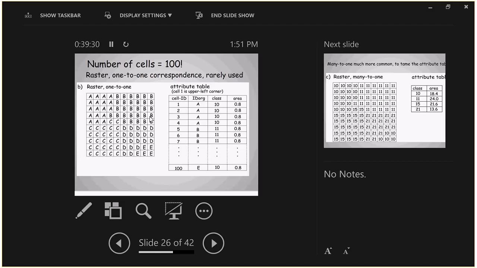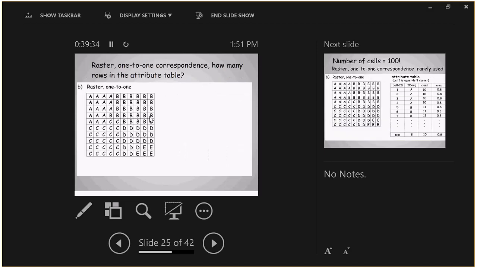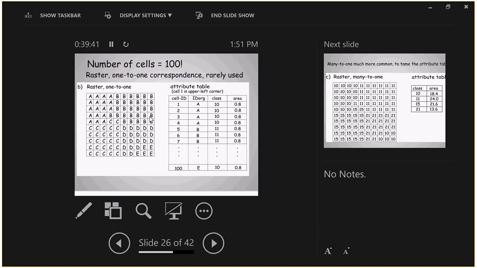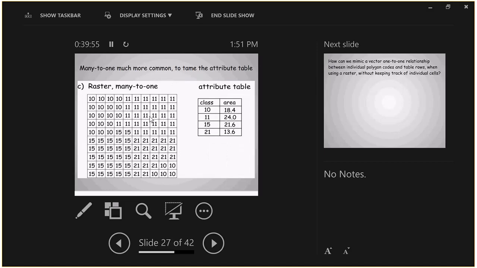Now, most GIS systems will actually condense this down so that you'll still only have A, B, C, D, E, 5 rows in your attribute table. But that doesn't get away from the fact that you've stored 1, 2, 3, 4, 8, 9, 10, 11, 12, 13, 14, 15, 18 different A values rather than one A value.